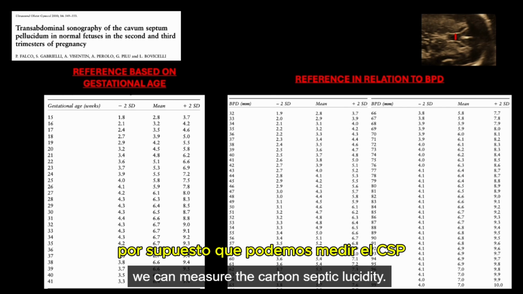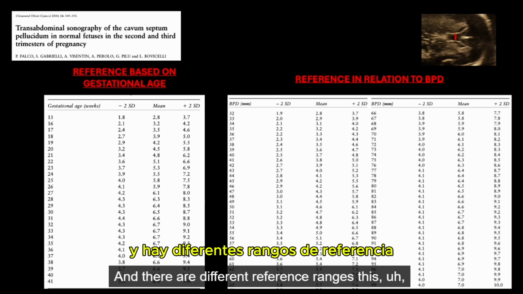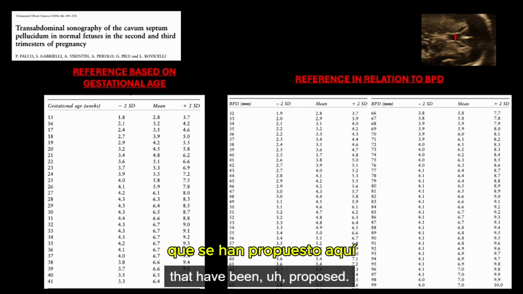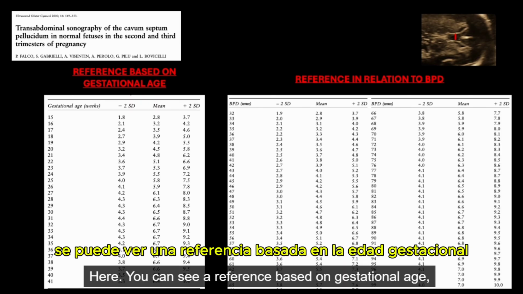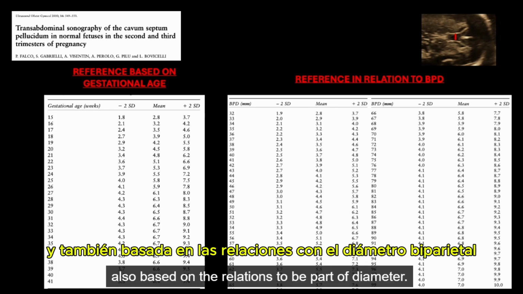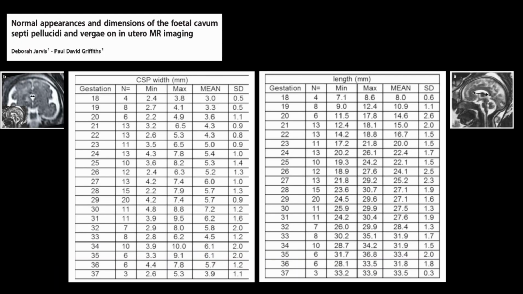Of course, we can measure the corpus callosum, and there are different reference ranges that have been proposed. Here you can see a reference based on gestational age and also based on the relation to biparietal diameter.